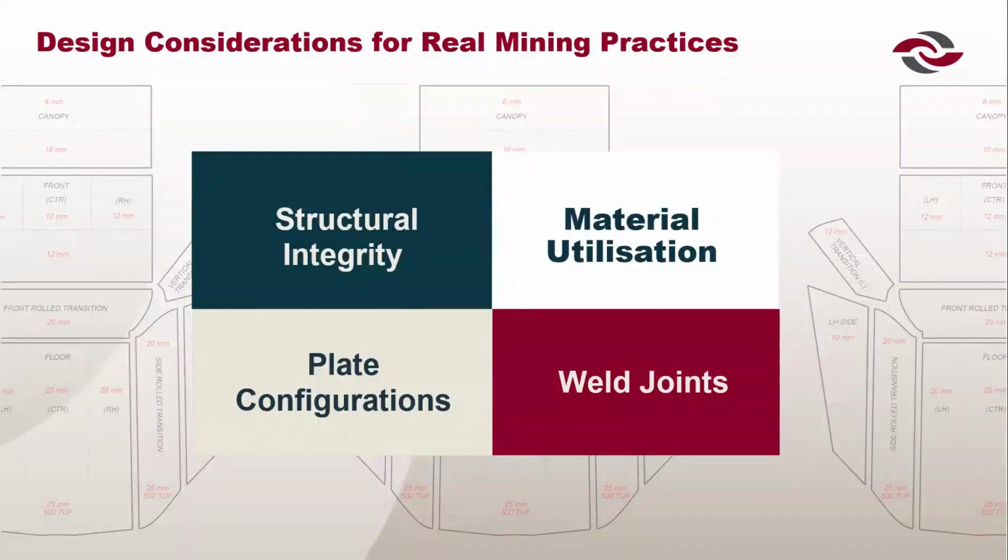And weld joints, the unsung heroes of tray performance. A single poor weld can bring down the entire tray. We control the weld sequencing to minimize the residual stress, and we design welds to flow with stress paths instead of against them. These are not small details.